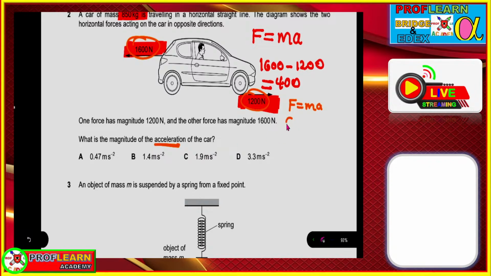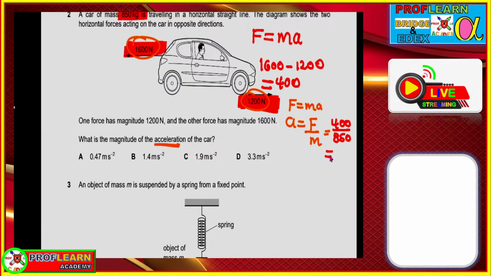Acceleration is equal to the resultant force divided by the mass that we are given. So this is going to be 400 divided by the mass, which is 850.